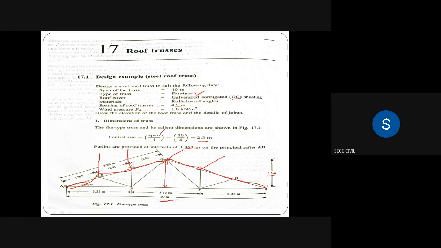The intermediate members are purlins, at the center we call that the ridge, and at the end we call this the eave line. Intermediate members only we call purlins.